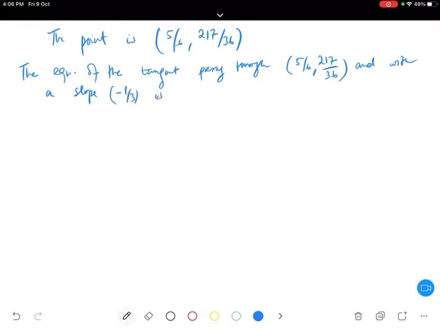Y minus y1. So y minus 217 by 36 is equal to m, which is minus 1 by 3, times x minus x1, x minus 5 by 6.